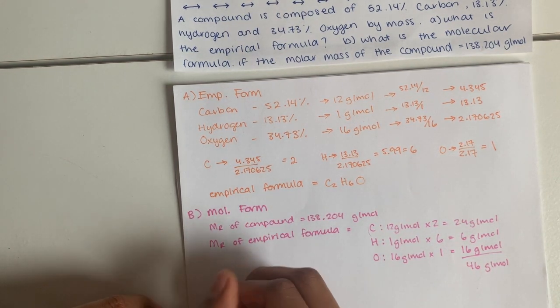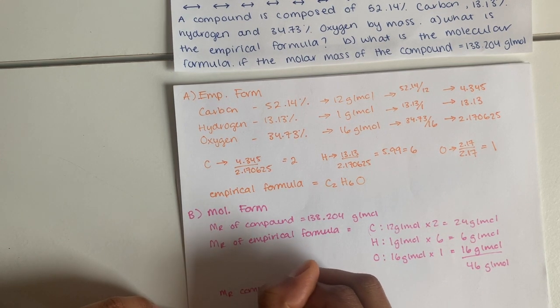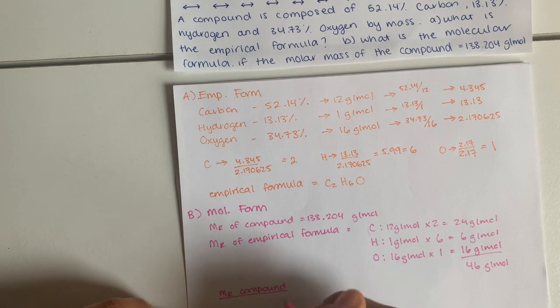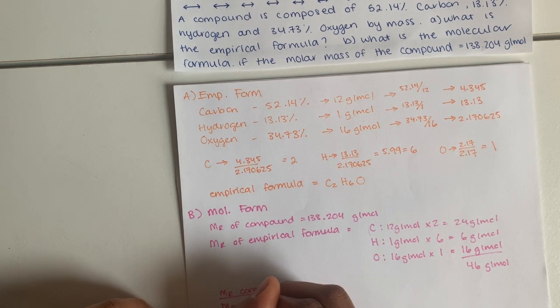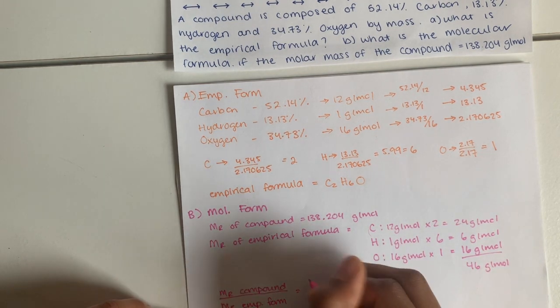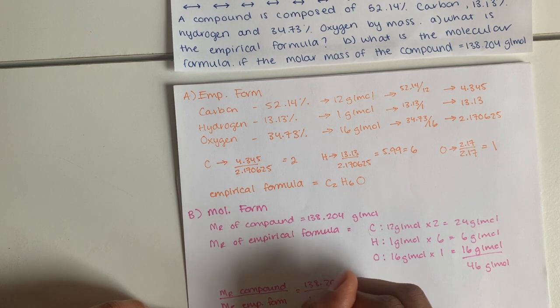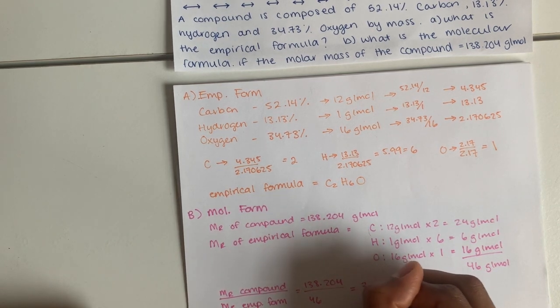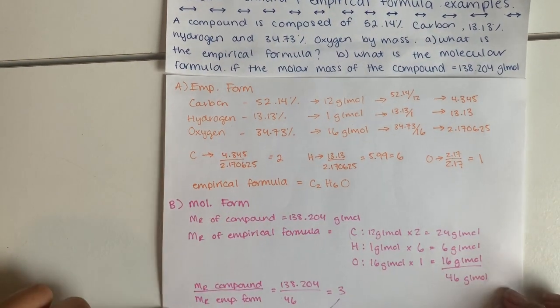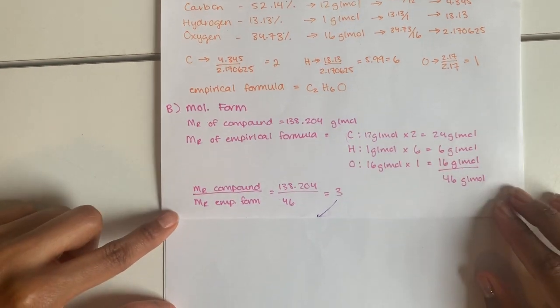I'm going to do molar mass of compound divided by the molar mass of empirical formula, which is going to give me 138.204 divided by 46, which gives me 3. Okay, let's push this up. So we have that it is 3.